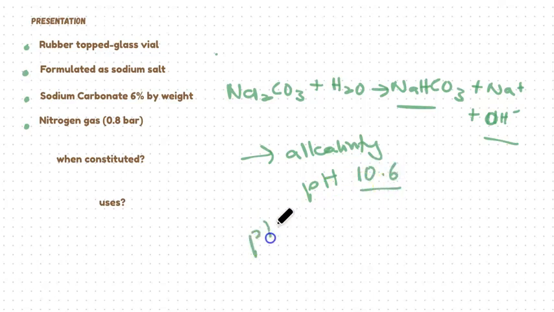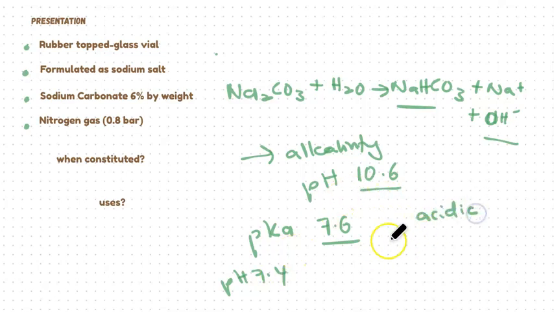Now remember that the pKa of sodium thiopental is 7.6, meaning that at physiological pH of 7.4, considering that sodium thiopental is weakly acidic, if we remember our dissociation curve, here is the pKa of 7.6.